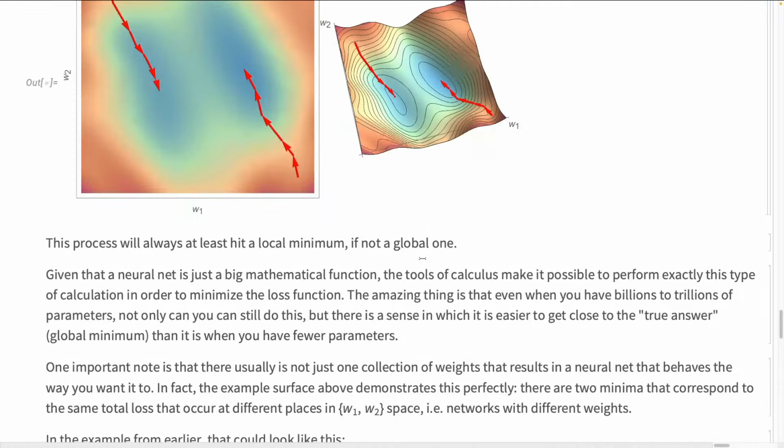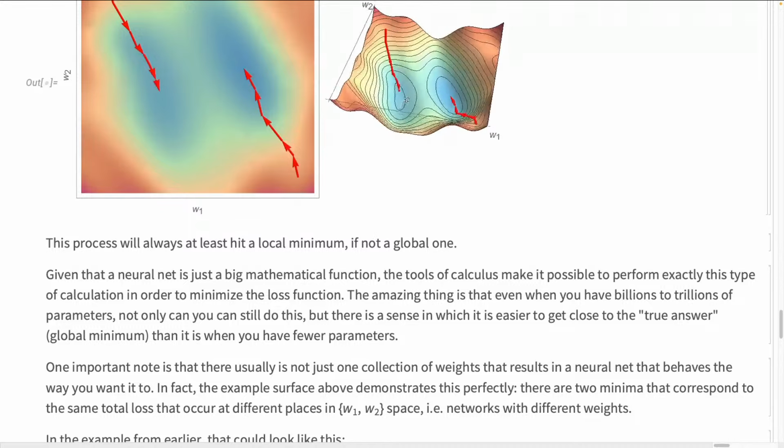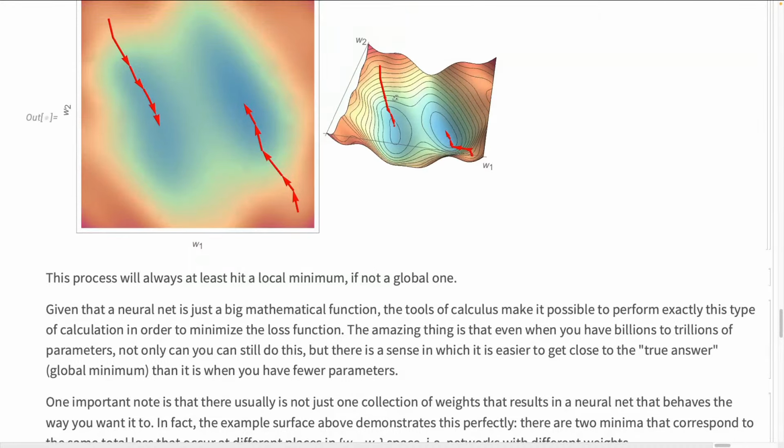And something that's pretty cool is that even if instead of just having 2 dimensions, 2 weights that you're trying to minimize the loss over, you have billions or trillions, like in ChatGPT, this process still works. And in a surprising turn of events, if you have more weights, in some sense, it's actually easier to find the global minimum and totally minimize the loss.